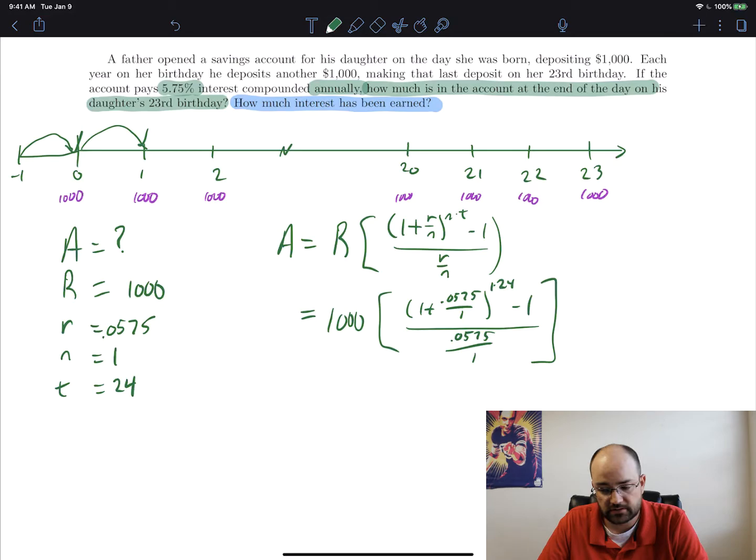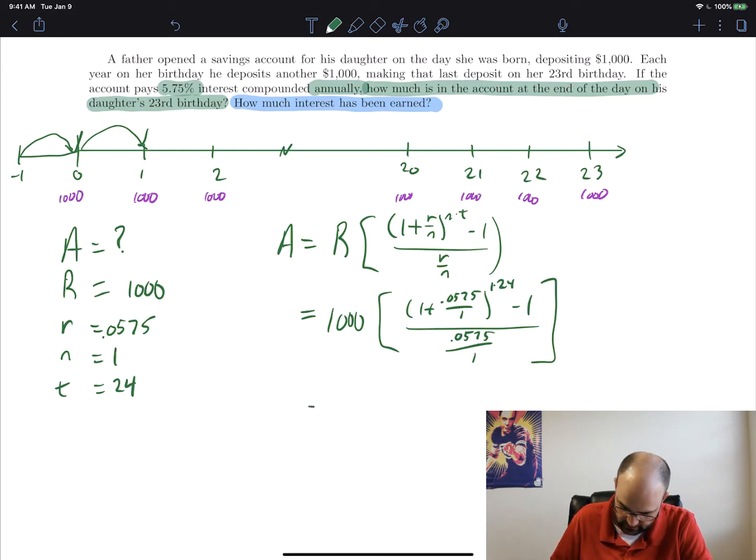Type it in: 1,000 times, parentheses 1 plus 0.0575 over 1, all to the 1 times 24, right arrow, then minus 1, then right arrow again, and then type in the 0.0575 over 1 in the denominator.